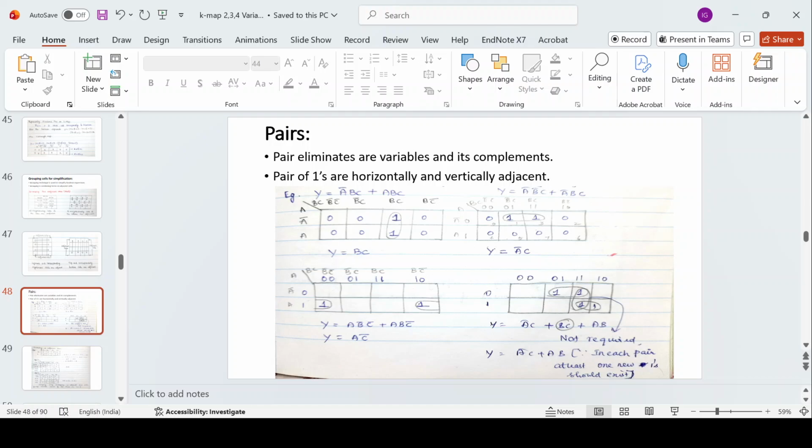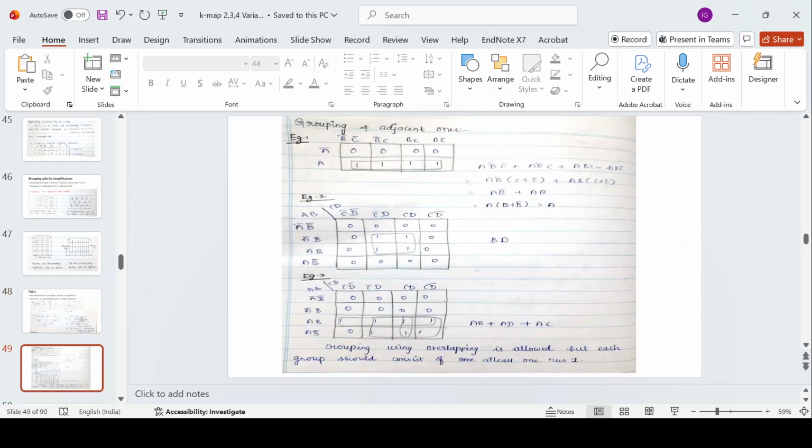Pairs of ones are horizontally adjacent or vertically adjacent. Whichever way, we can group the adjacent cells. Grouping should be done in single ones, two ones, four ones, 8 ones or 16 ones. These are the ways we have to group it.